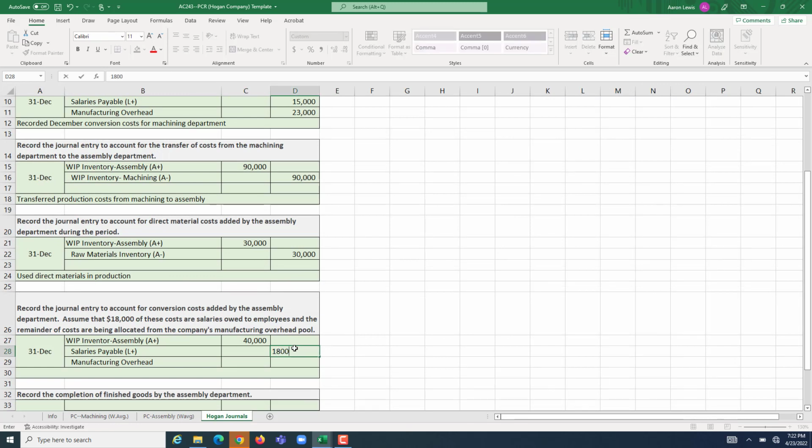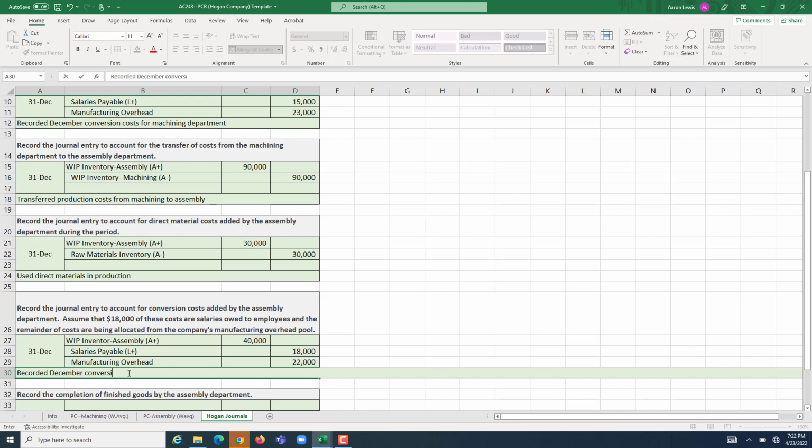We're told in the information that 18,000 of that is from salaries, and therefore the remainder that's coming out of our manufacturing overhead pool has to be the other 22,000. And here we recorded December conversion costs for the assembly department.